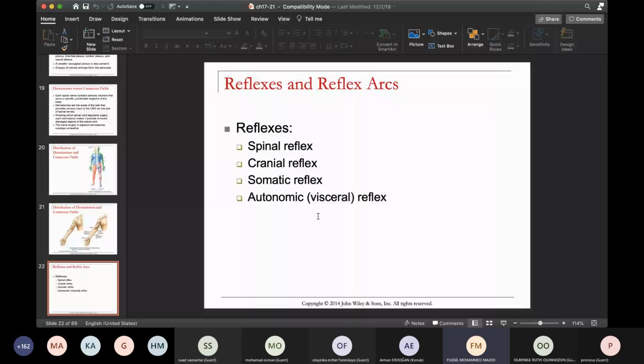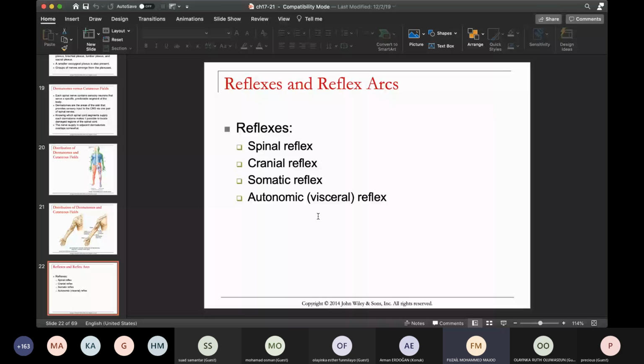It's an unplanned sequence of actions that take place in response to a specific stimulus. So again, we can define a reflex as involuntary, fast, and unplanned sequences of actions that occur in response to a particular stimulus.